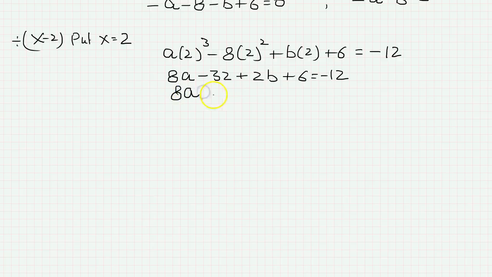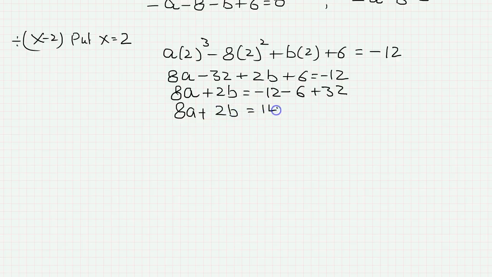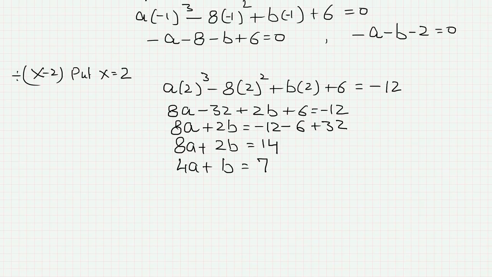So 8a plus 2b is equal to minus 12 minus 6 plus 32. 12 and 6 is 18 and 32, that is 14. So 8a plus 2b is equal to 14. We can write it as 4a plus b is equal to 7. So this is our second equation. This is the first equation and this is the second equation.